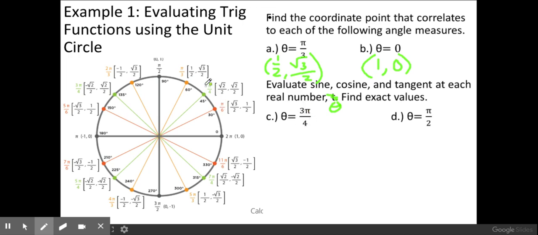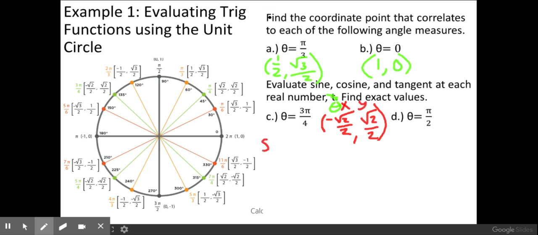So 3 pi/4, if we go around our circle, here is 3 pi/4. This is the point: negative square root 2/2, comma, square root 2/2. I would write down the point first. Keep in mind, this is x, this is y.